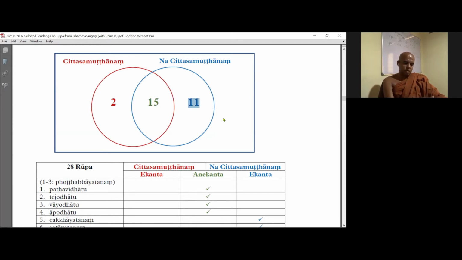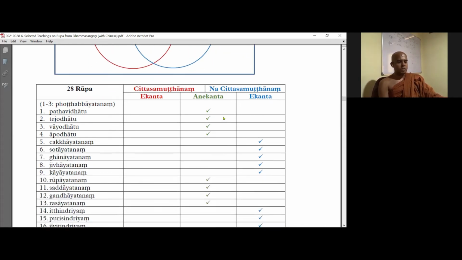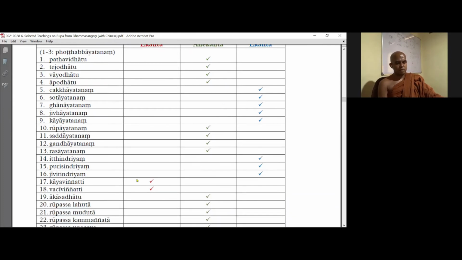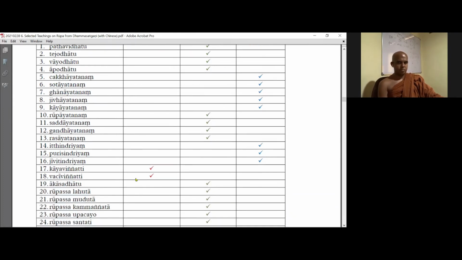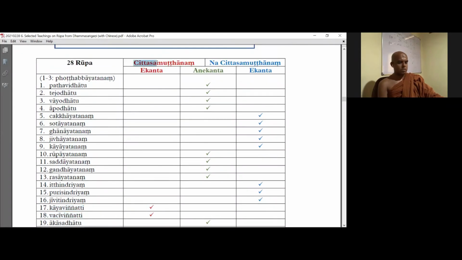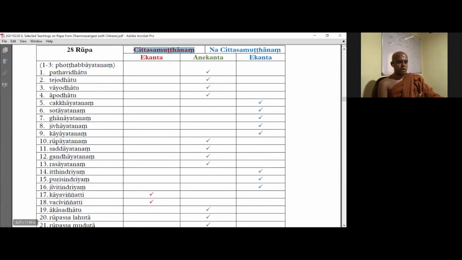Now please check your chart. What are the 2, what are the 15, and what are the 11? Definitely, the 2 vinyati, the 2 intimation rupa, are only mind-born rupa. Number 17 and 18, there are 2: kaya vinyati and vachi vinyati, the 2 intimation rupa, must be only Chitta Samuttana, mind-born rupa.